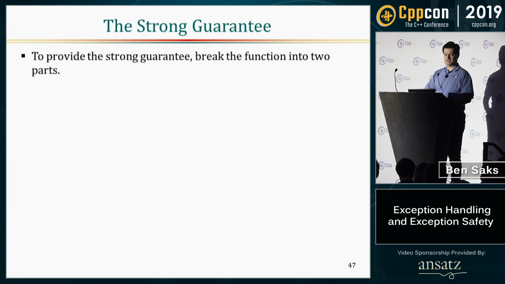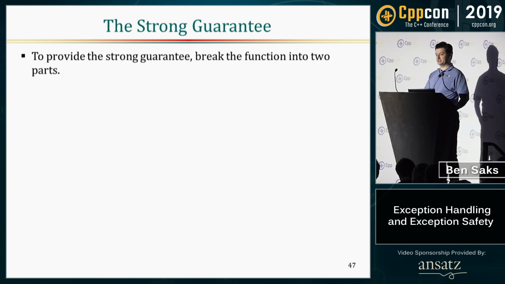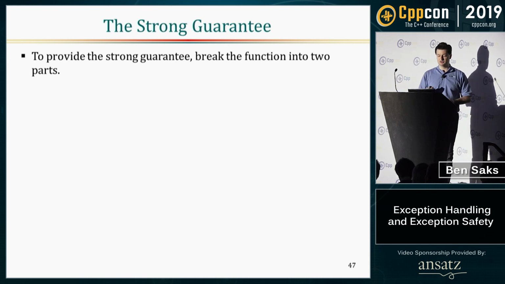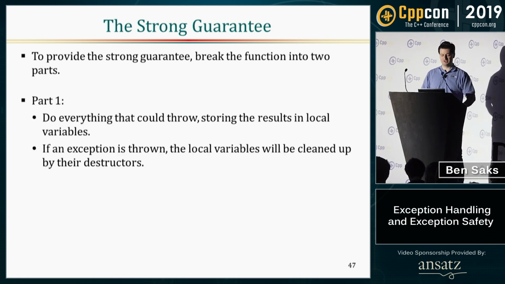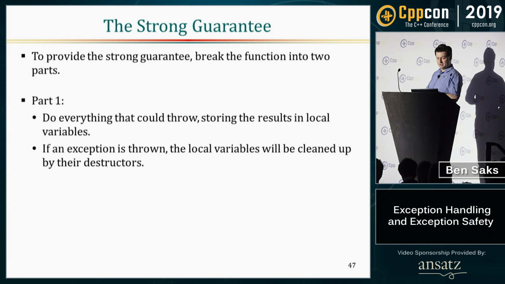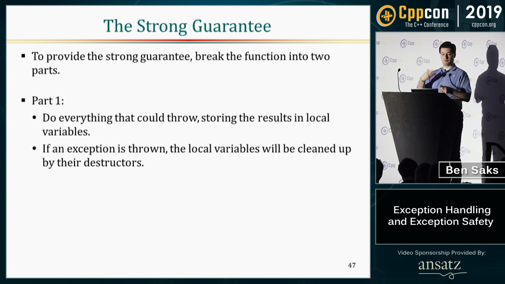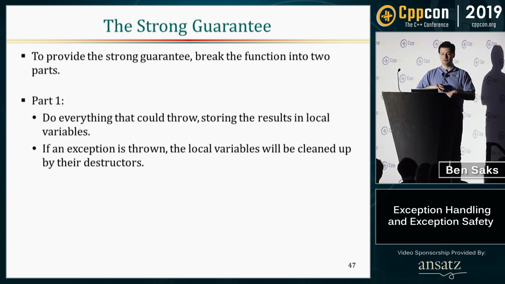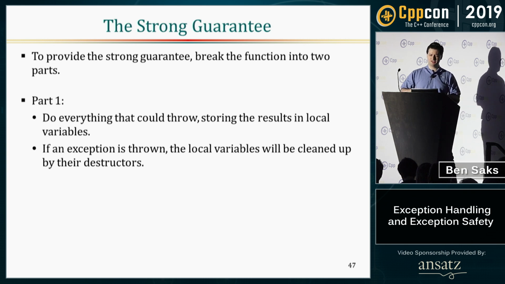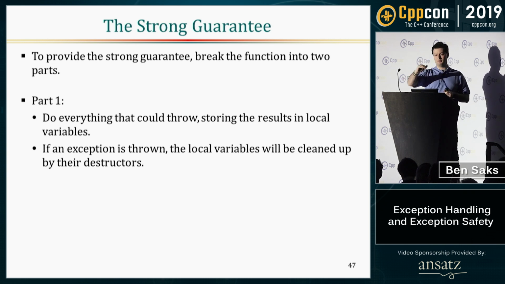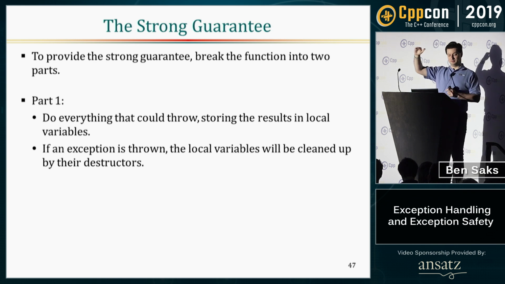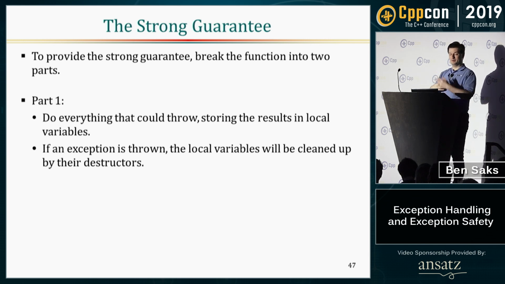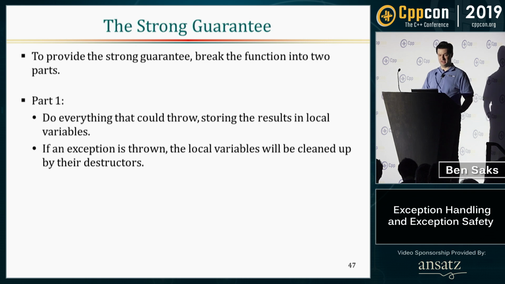What would we need to do to make this implement the strong guarantee? Well, there's a general pattern that functions that implement the strong guarantee usually follow, which is you separate the function into two parts. In the first part, you do everything that could possibly throw, and you store the results of any of those operations inside local variables. As a result, if any of those things throw an exception, the local variables all have destructors that can clean up anything that was allocated or any other resources that are being managed.